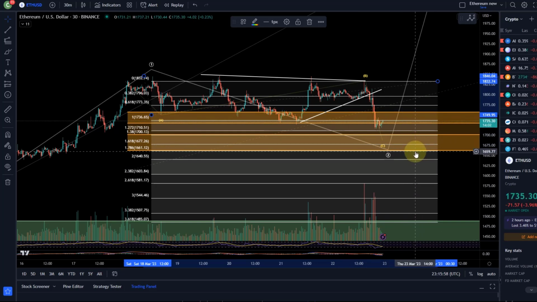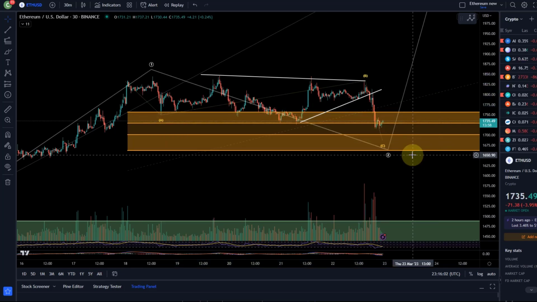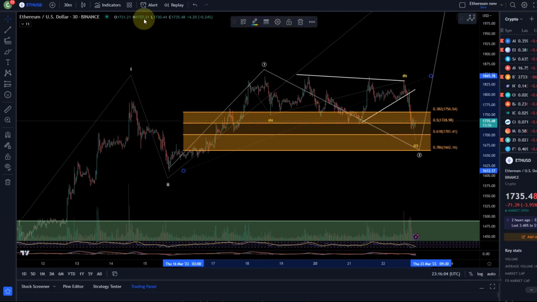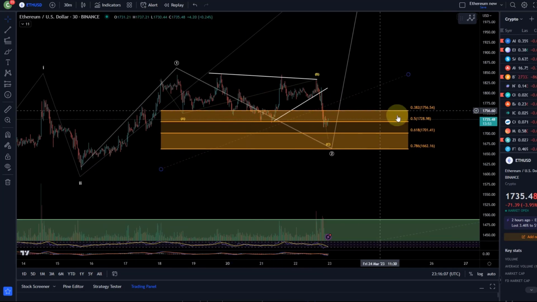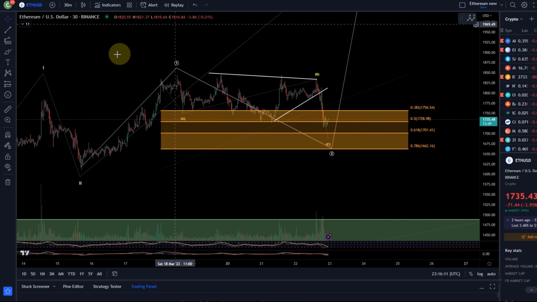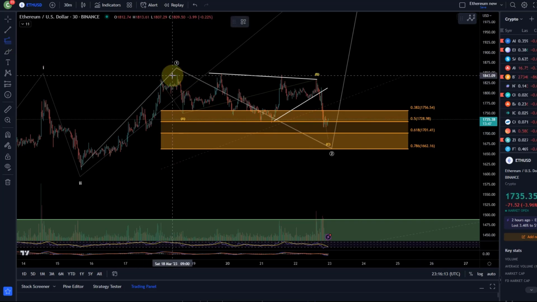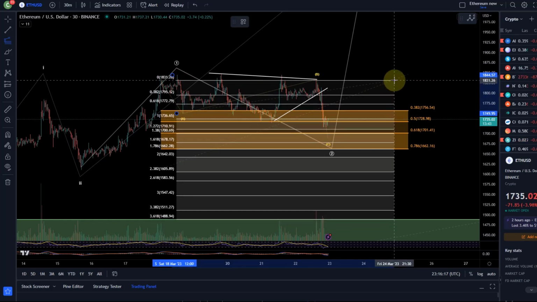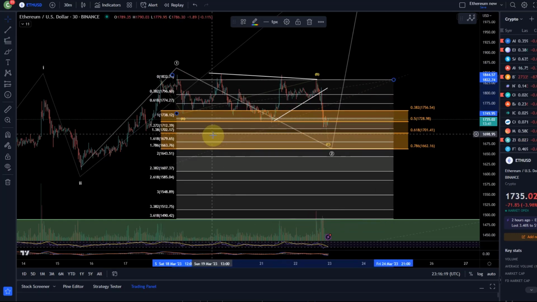Let's see if it reacts to that. So it should react to 1677, right? Let me just double check that. Yeah, so pretty much in that 1677, 1679 range, plus minus a few dollars.